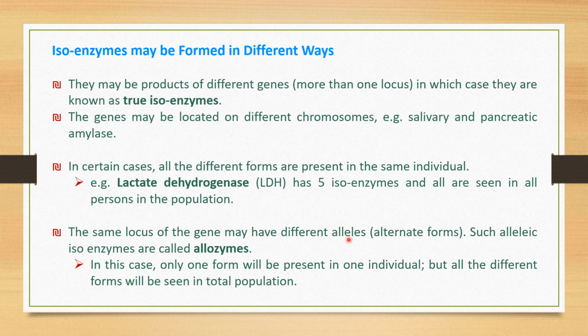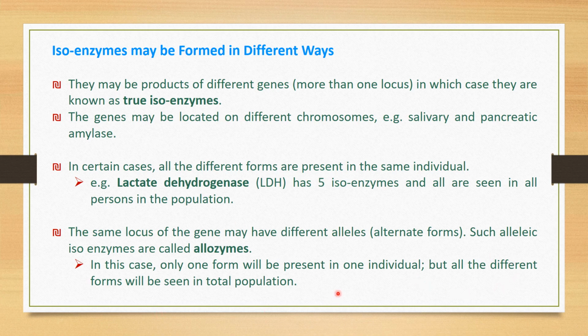And you know that a particular allele is present in a particular individual. That is why only one form will be present in one individual. In case of alloenzyme, only one form will be present in one individual, but as a whole, the total population shares all the forms.